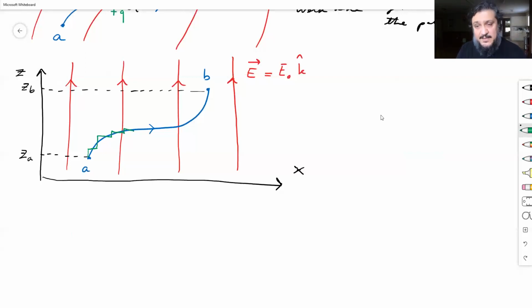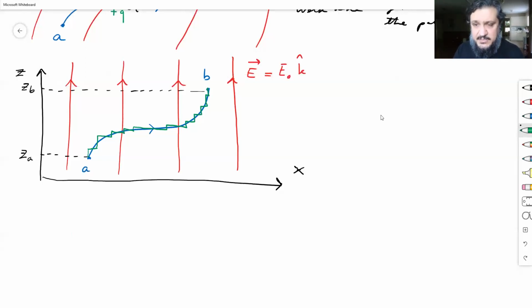If these steps are really small, I'm in good shape. The smaller the steps, the better the approximation to the actual motion. So it's probably a long walk: right, up, right, up, right, up, right, up. Probably I'll end up at point B if I keep doing this carefully.